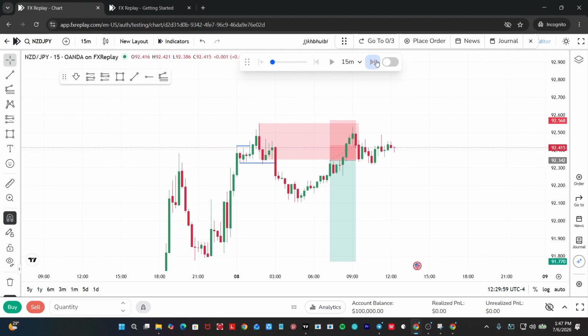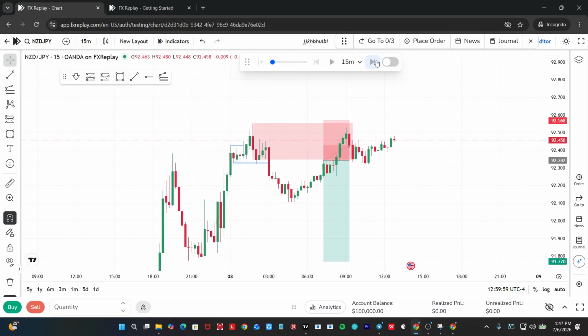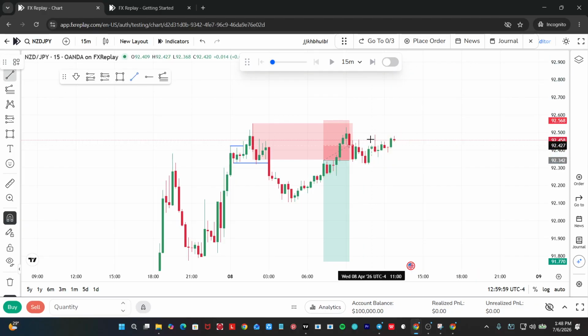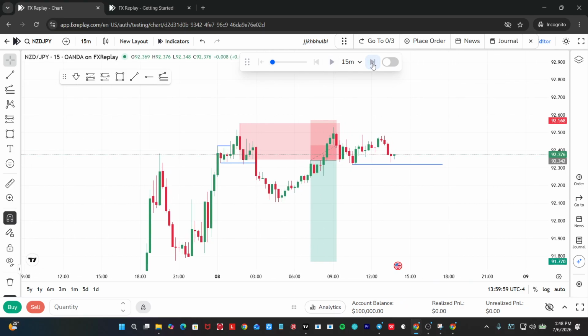Price is consolidating, and we would be interested in this support, as you can see. So we are seeing how our price is moving.